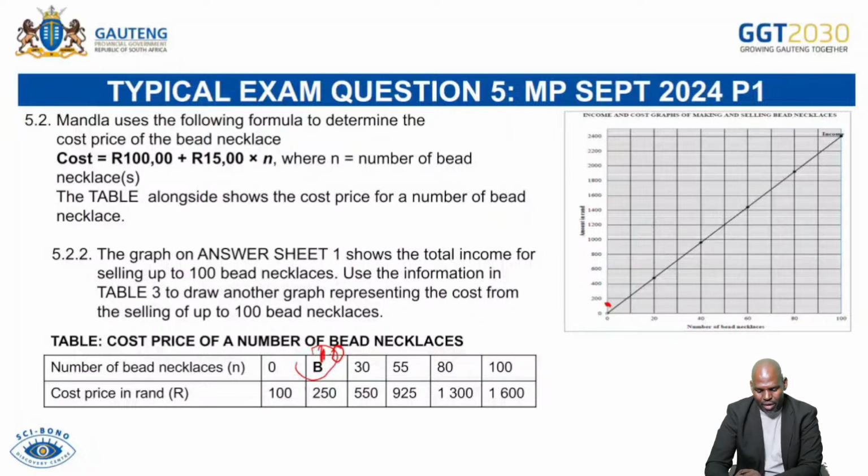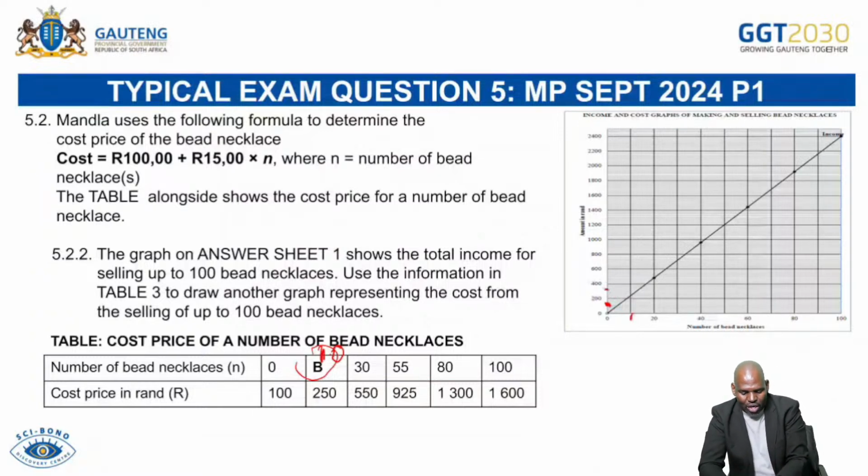Okay, 0 and 200. The next point is 10 and 250. 10 is not indicated, but 10 is here, and then I must find 250. Now on this one, I don't have 250, but I can see I've got 200 and 400. And then I know that exactly between 200 and 400, that is where I find 300.